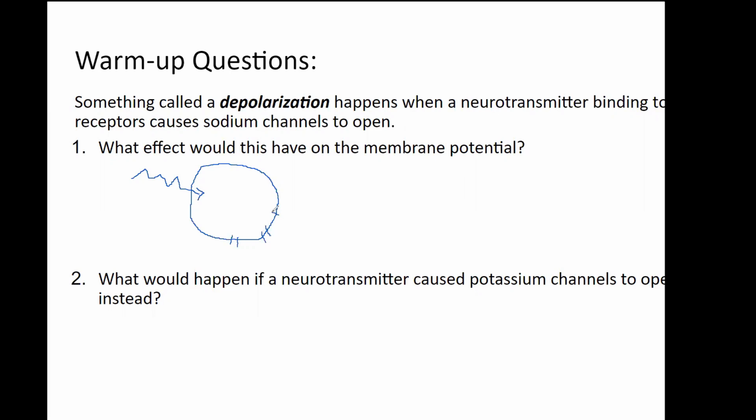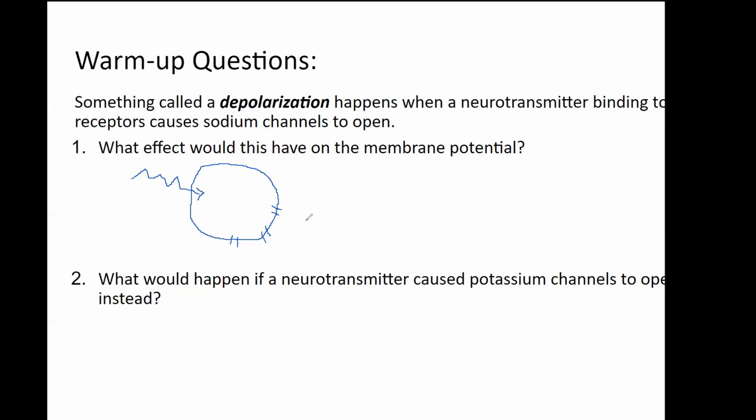Okay, so who wants to tell me what's going to happen when we open a bunch of sodium channels? I said it would correspond with like phase 1 and make the membrane super positive. Exactly. And why is that? How is the sodium moving? There's more channels making it go inside the cell because it's negative. Yeah, exactly.